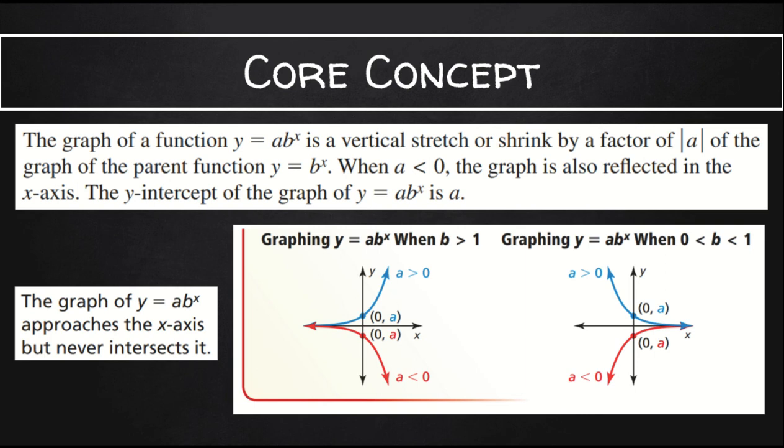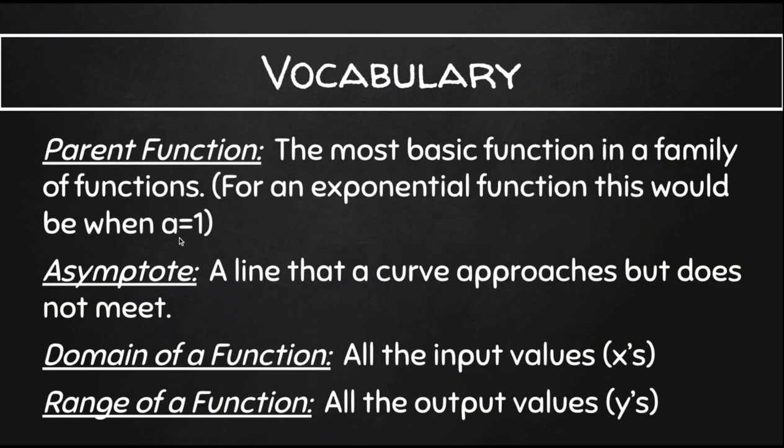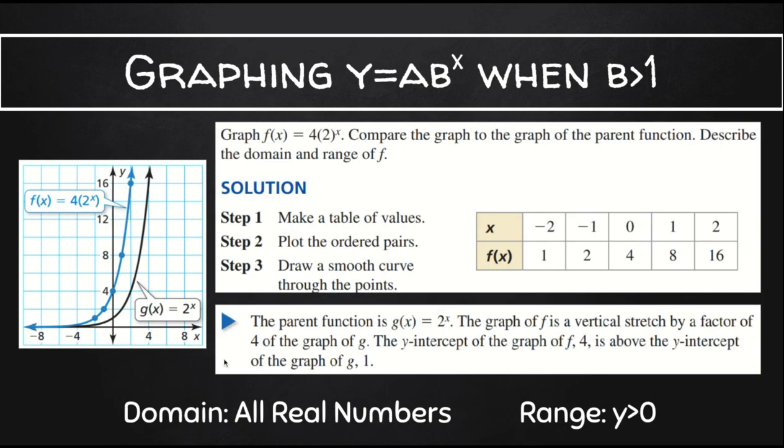Your range is what's going to change. So here your range would be y is less than 0, and then it goes to negative infinity there for our y values. So you'll get used to seeing the domain and range here. And that's all the y values.